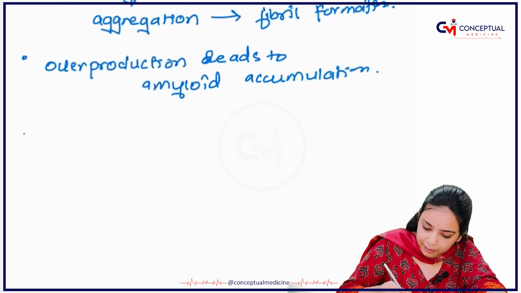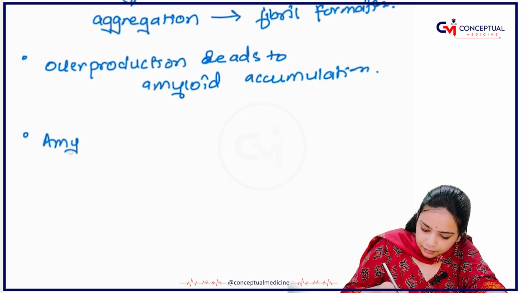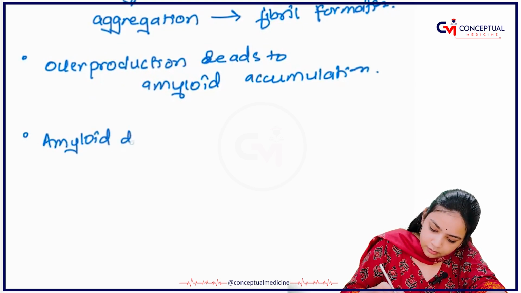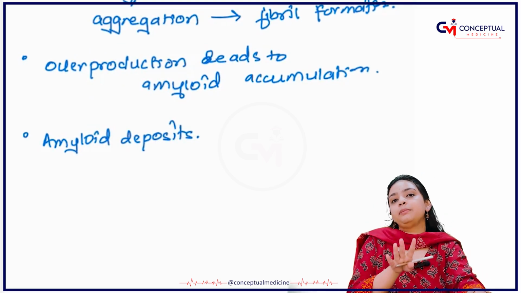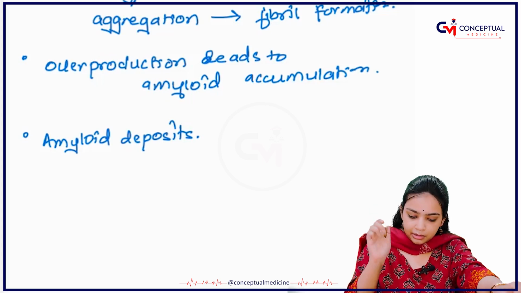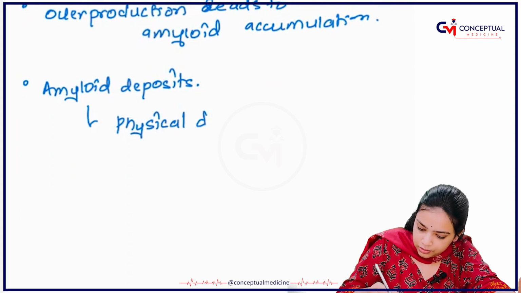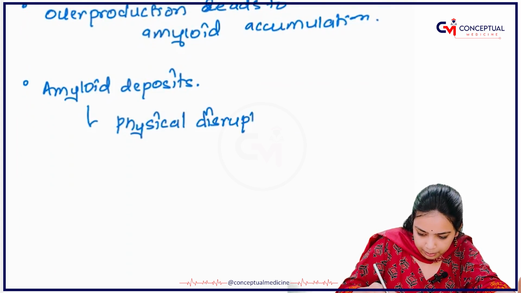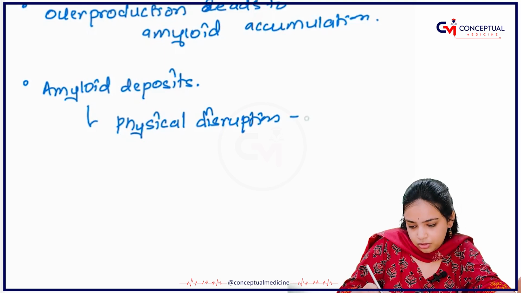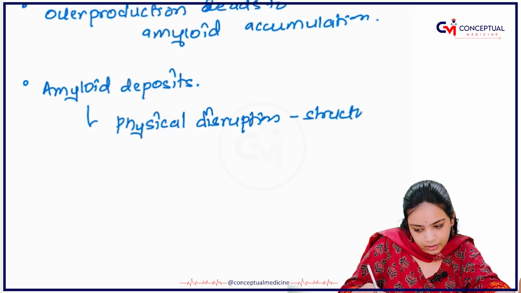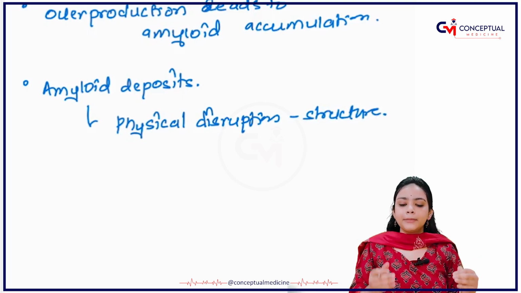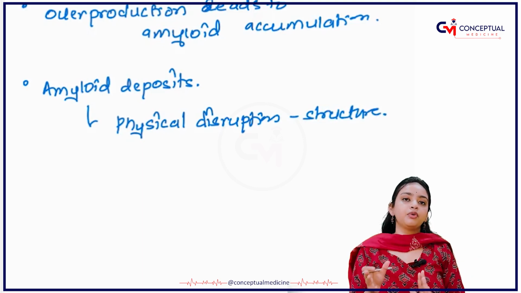Now, you know what? Amyloid deposit basically can happen via three mechanisms or three pathways. First one is the physical disruption of normal structure. If there is physical disruption of the normal structure, then amyloid deposit can occur.